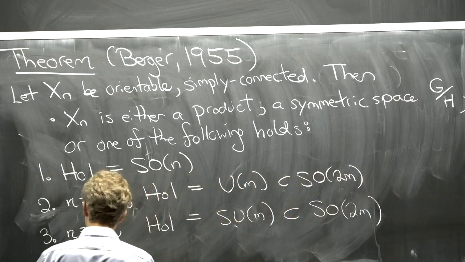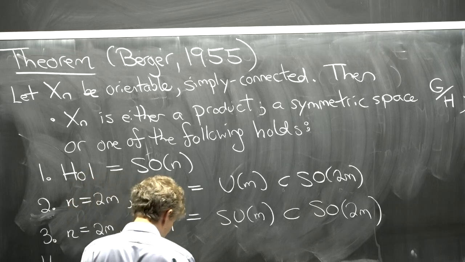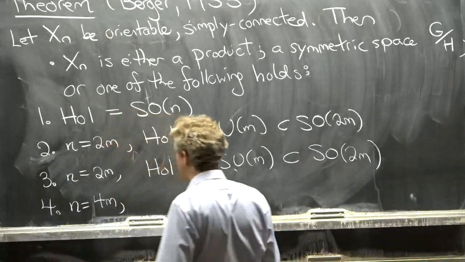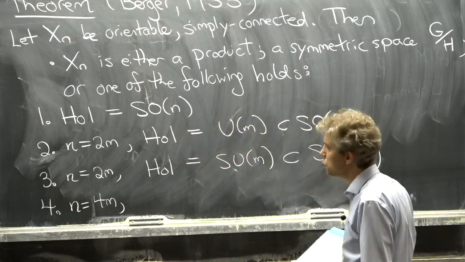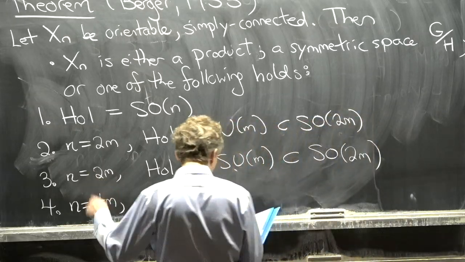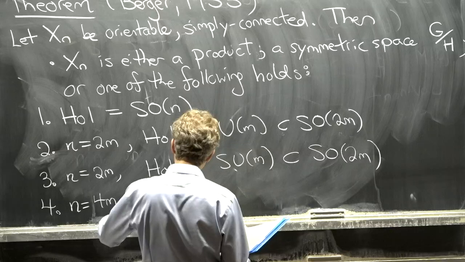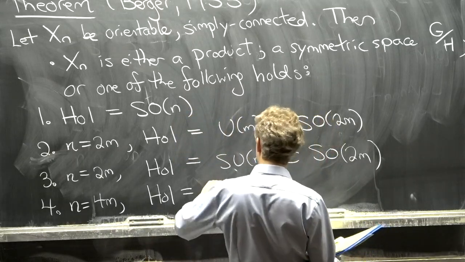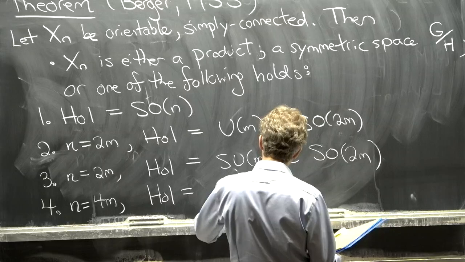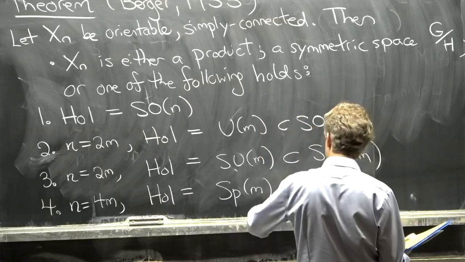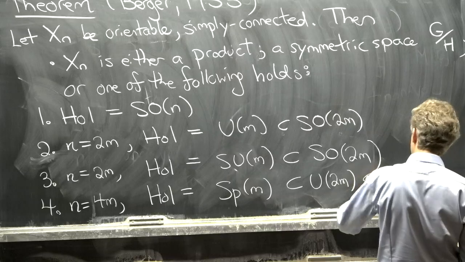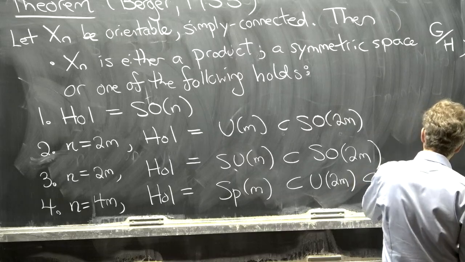Case 3, n is equal to 2m, and the holonomy is equal to SU(m), which sits inside SO(2m). Case 4, n is equal to 4m. I like all the cases, but we're only really going to use 2 and 3 today. But I'll tell you all of them because it's sort of fun to have the list. The holonomy is Sp(m), which sits inside U(2m), which sits inside SO(4m).